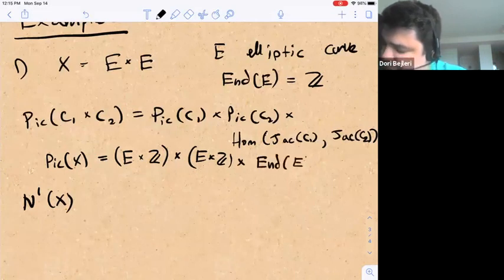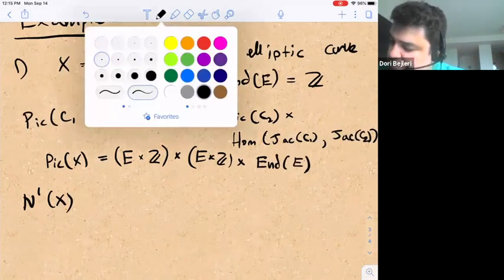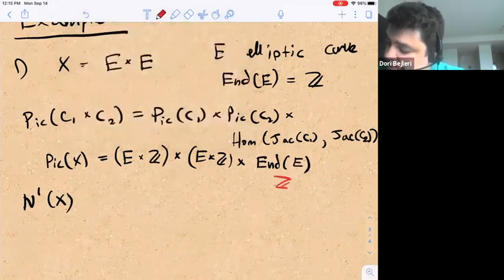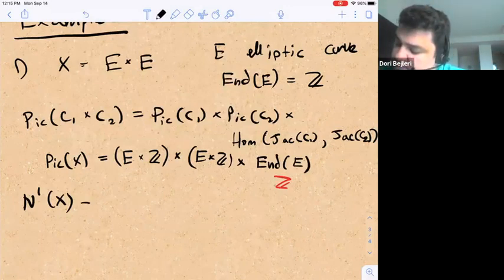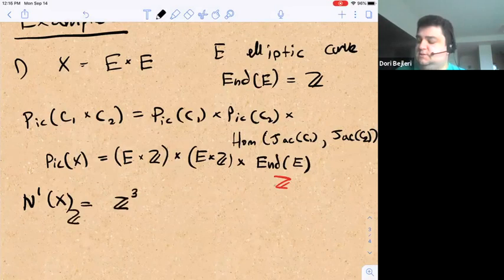So we'll get this copy of the endomorphisms, which we assumed was Z. So if we mod out by numerical equivalence, everything inside of E is numerically equivalent because it's some connected family. And so when we mod out by numerical equivalence, we get 3 copies of the integers.